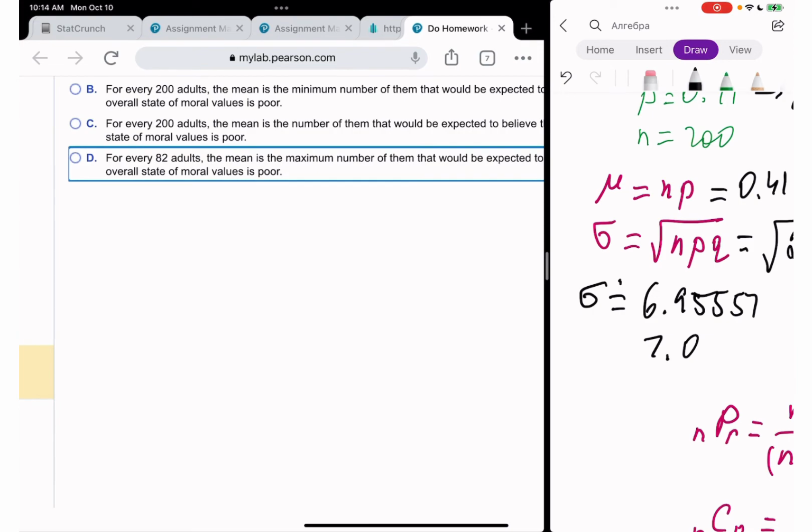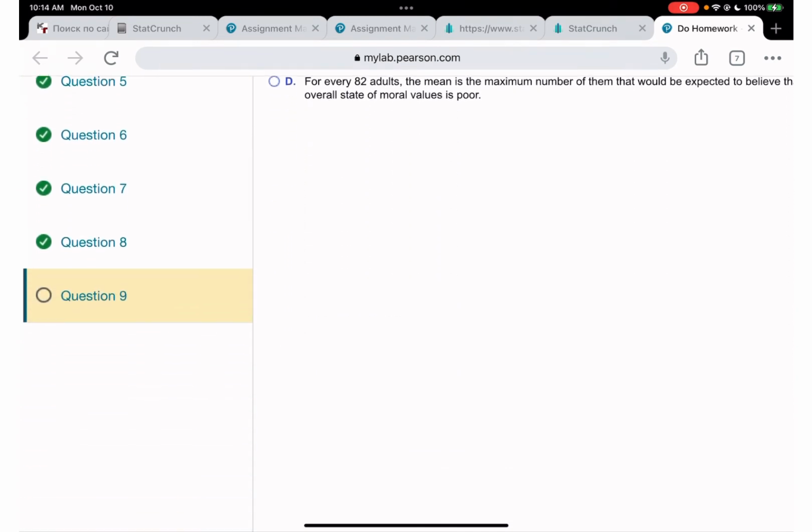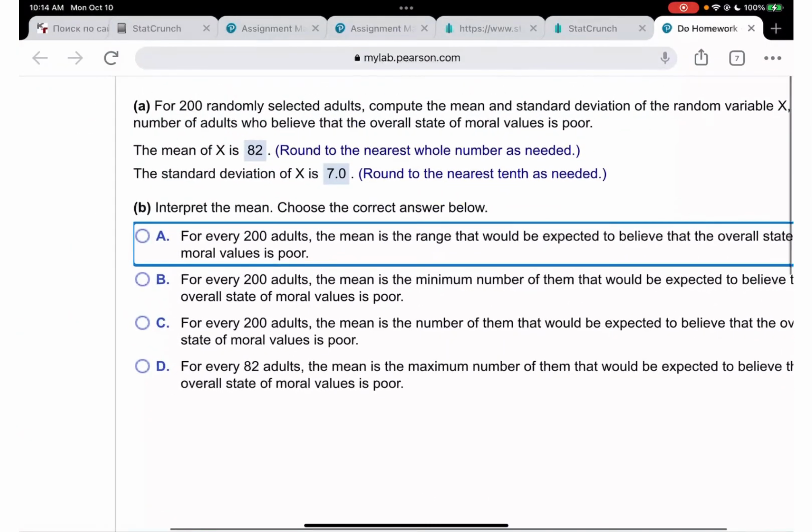And moving to the last question. Oh, we are done? No, this one we need to solve. We have a further question. We can solve the further question. What do we have here? So make an interpretation. The mean is the number of them that we would expect, because mu is an expected value, right?